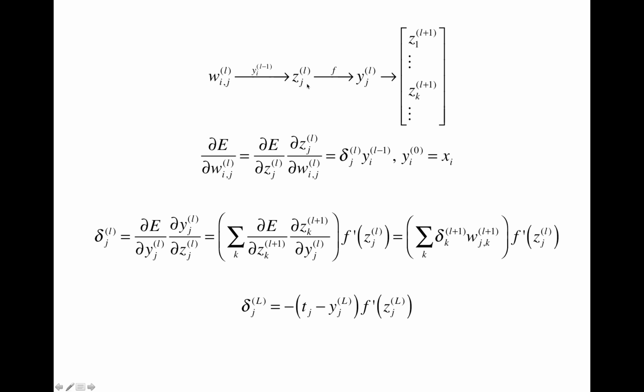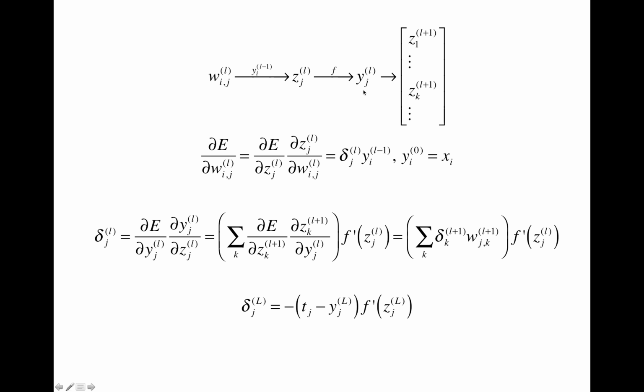And this logit z^L_j then goes into the nonlinear function f. In our simple example, it's the sigmoid function, but in a realistic neural network, it could be a different nonlinear function, a ReLU function, a hyperbolic tangent function, or other choices. This nonlinear function produces the output y^L_j. So y^L_j and z^L_j are both in the same neuron.